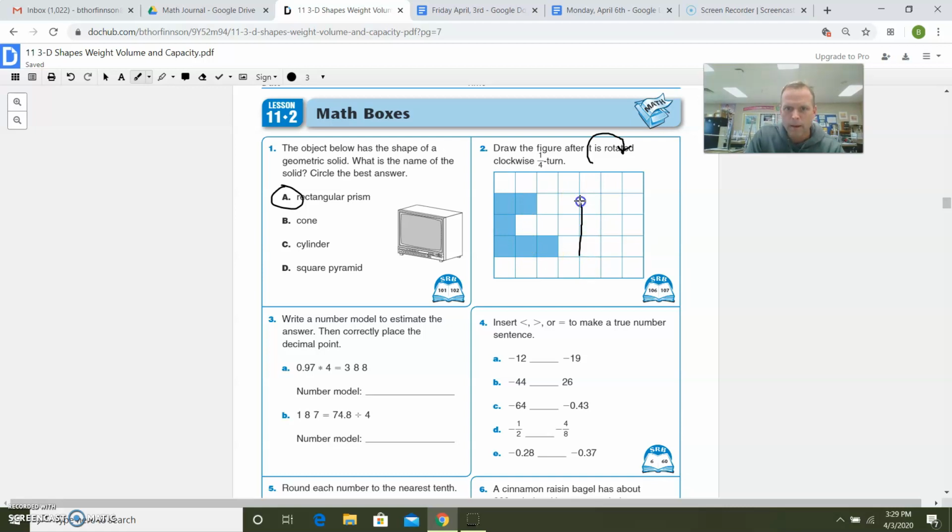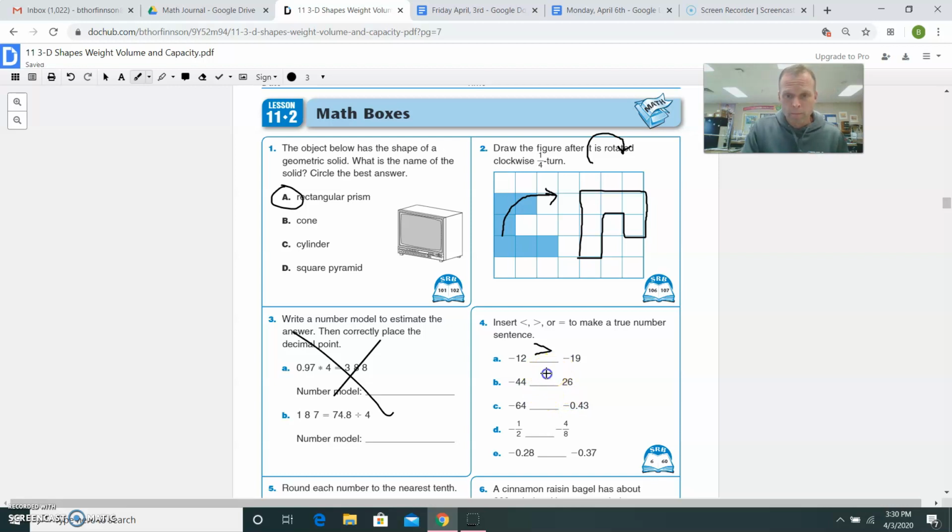So you would come up, over, like just tipping this up clockwise a quarter turn. Okay. Down here, let's not worry about this. We're not going to do that one. Over here, okay, negative 12 is actually greater than negative 19.